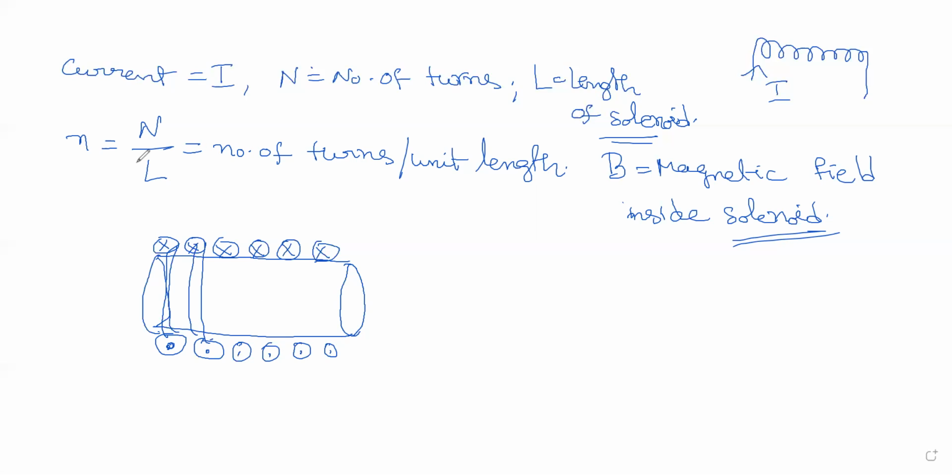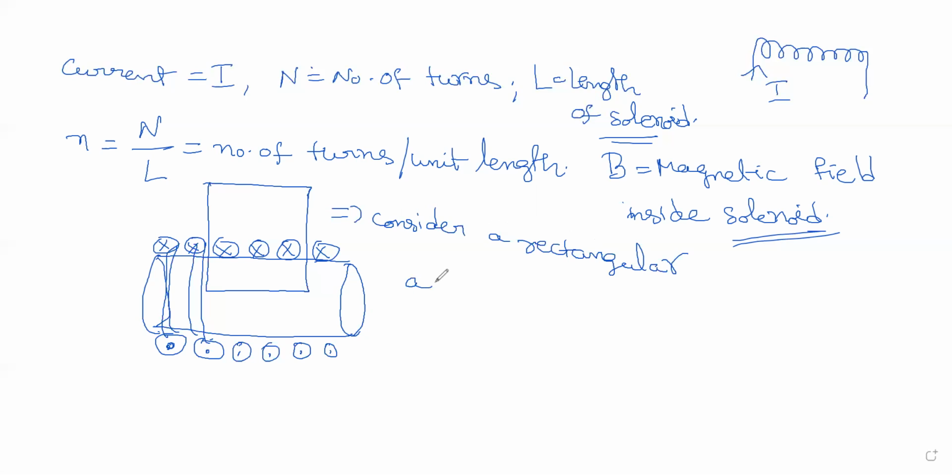Now we consider a rectangular Amperian loop here. An Amperian loop need not be circular all the time. We can consider an Amperian loop like a rectangle also.